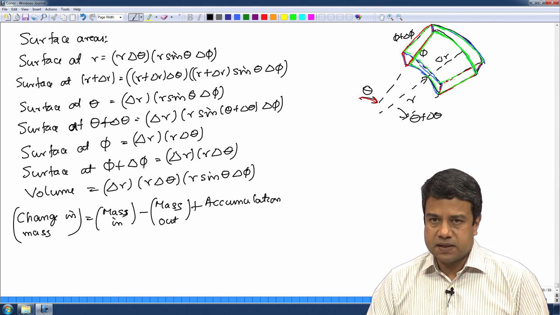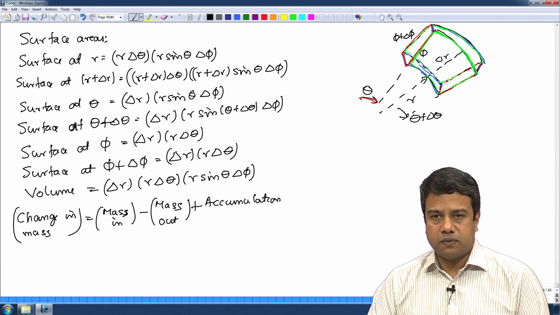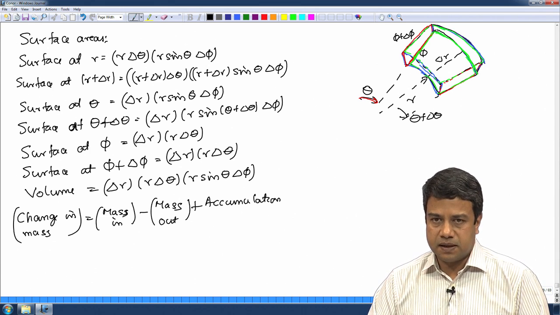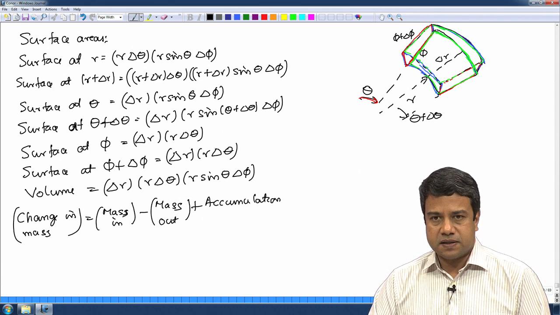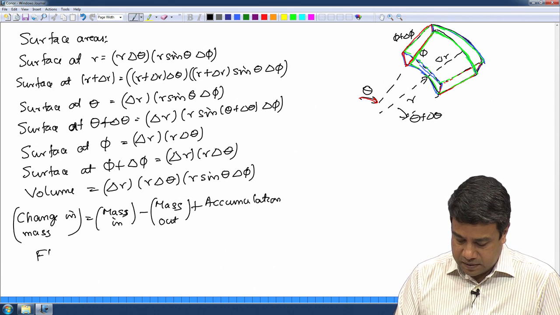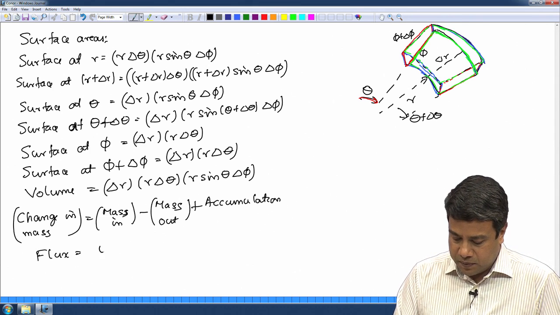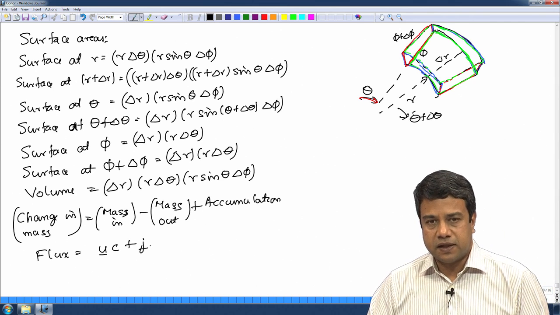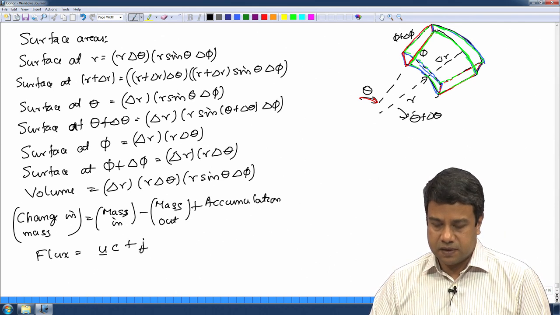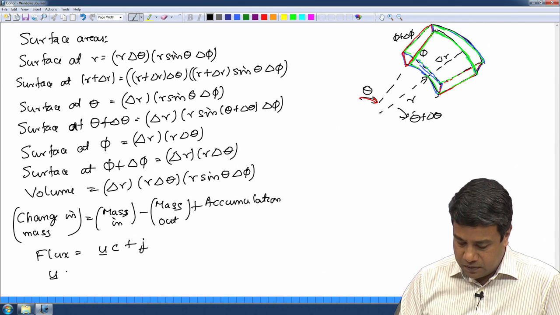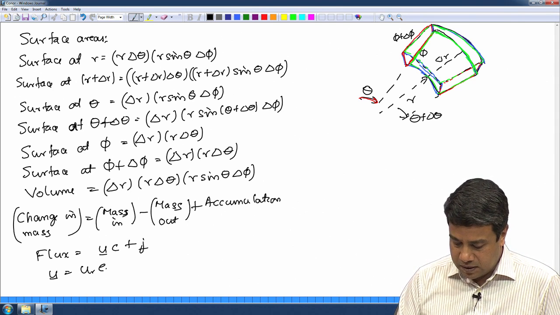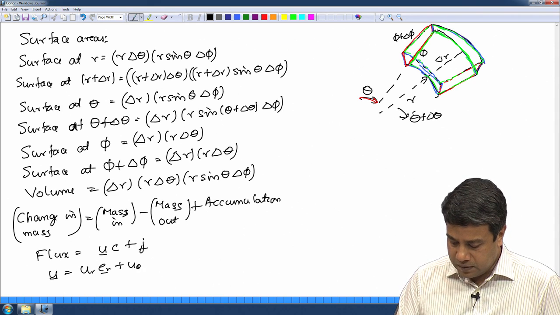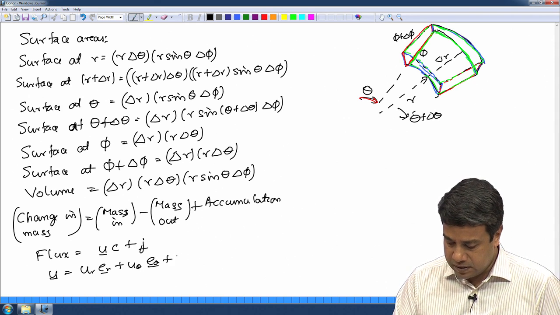As I said, the mass in and the mass out are equal to the flux times the area times time. The flux consists of two parts, u times c plus j, the convective flux plus the diffusive flux, where the velocity vector u is ur er plus u theta e theta plus u phi e phi.